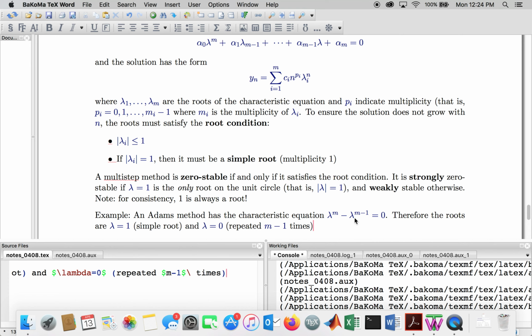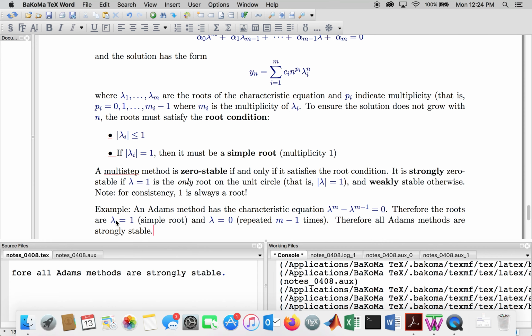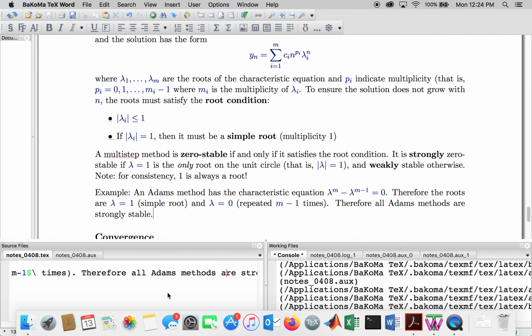Because lambda to the m minus 1 is a factor in the characteristic equation, and the only remaining factor is lambda minus 1, appearing only once. So we only have one root that sits on the unit circle in the complex plane, lambda equals 1. Okay.